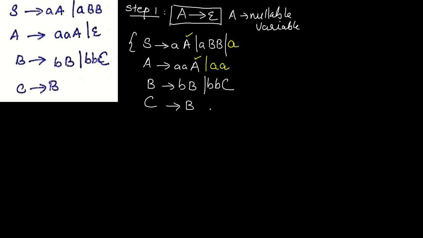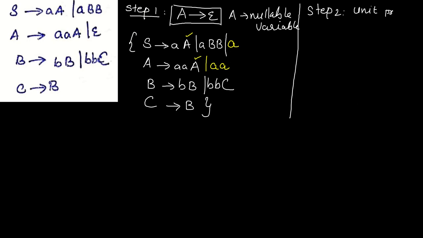Wherever you get a nullable variable, you substitute epsilon and get new productions. So these are the productions after removing the epsilon production. Now we have to do the second step, step 2. What is step 2? We have to find the unit productions.